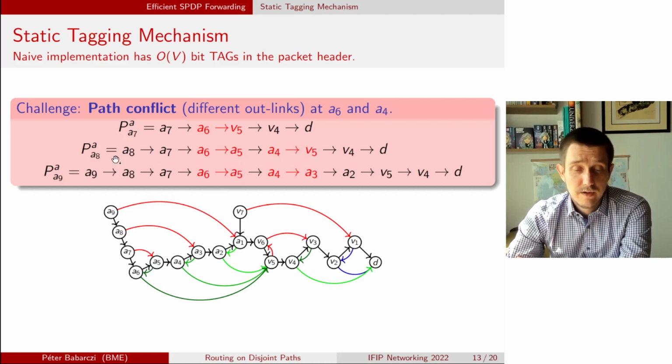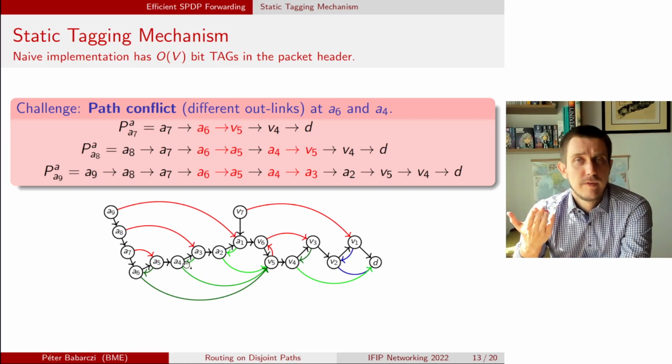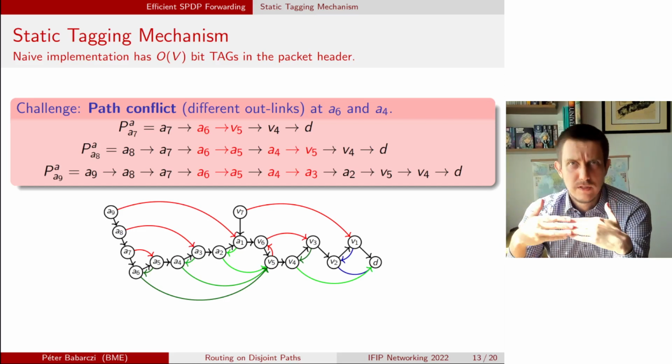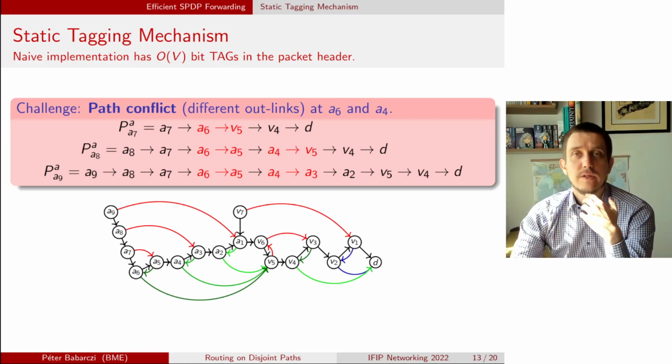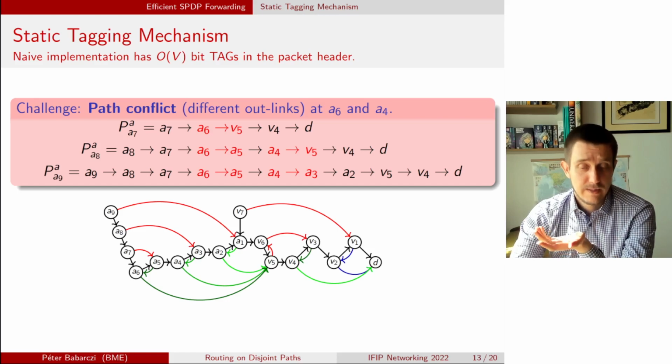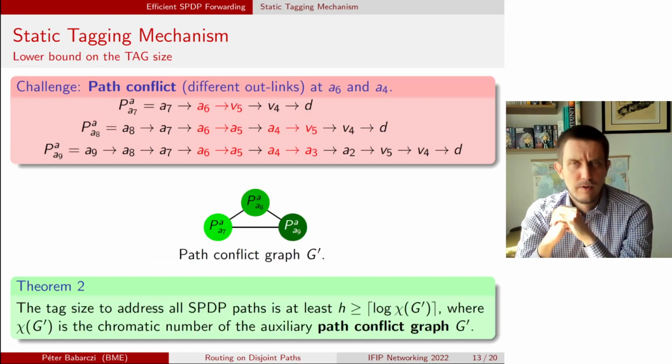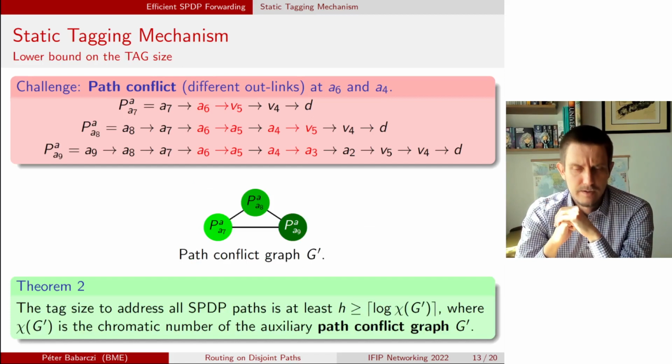And also we observe that the paths from A8 and A9 at node A4 are forwarding the packet on different links. One wants to use the secondary link, which is the green link, and the other wants to use the shortest path link towards A3. So these paths are in conflict because at certain nodes they want to use different outgoing links, so they need to be assigned different tag values in a proper forwarding mechanism.